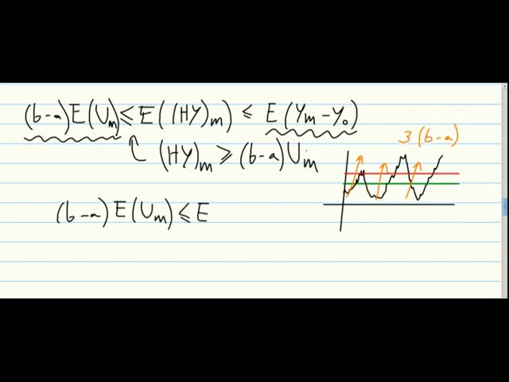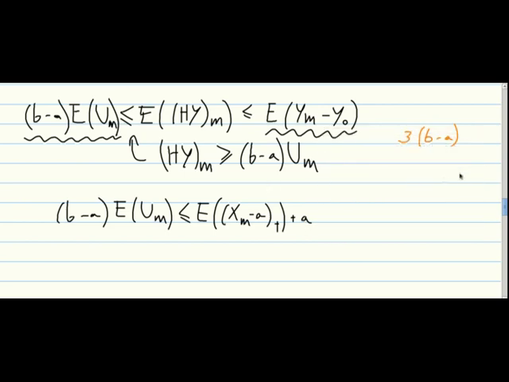So let's just split this sum here and use the definition of Y. This is (X_m minus a) positive part, plus a, minus the expectation of (X_0 minus a) positive part, minus a. These two terms cancel and we get the result.